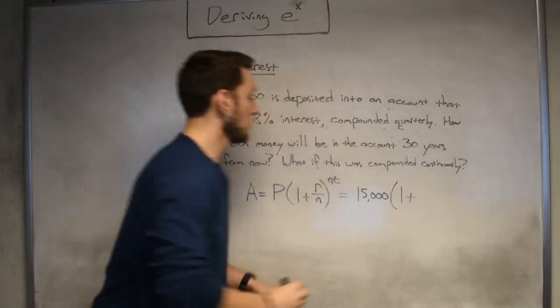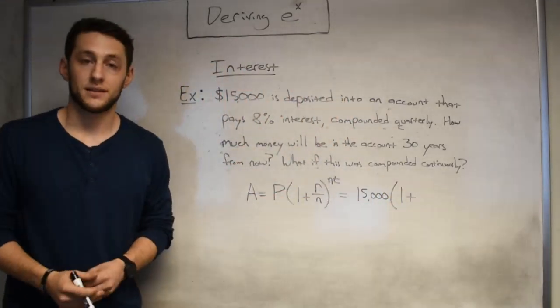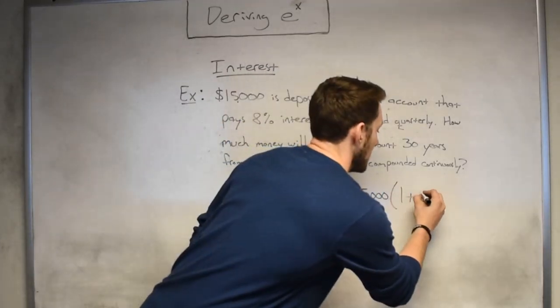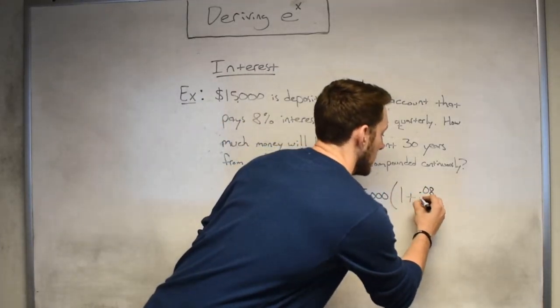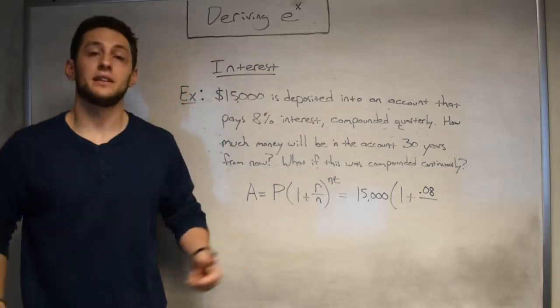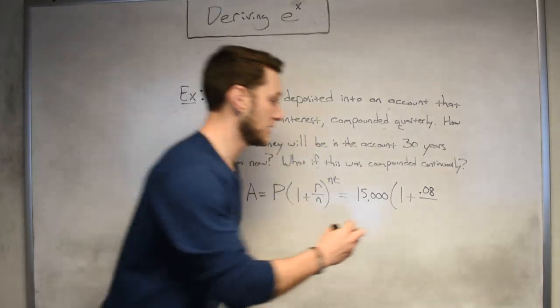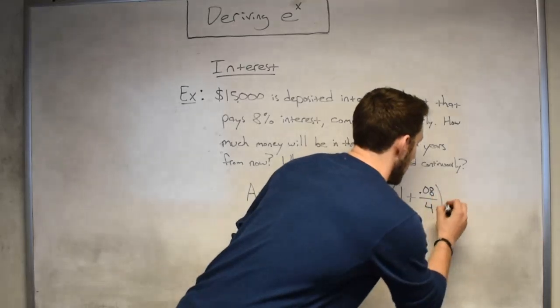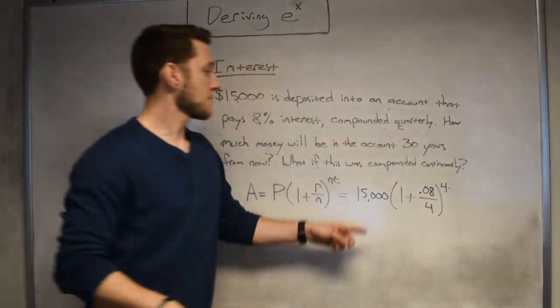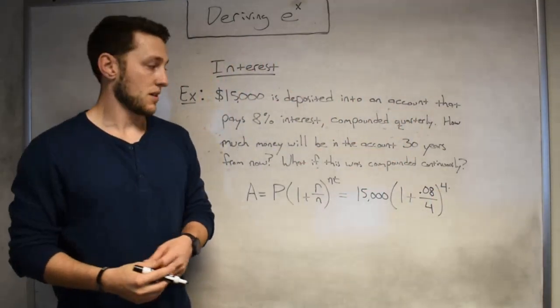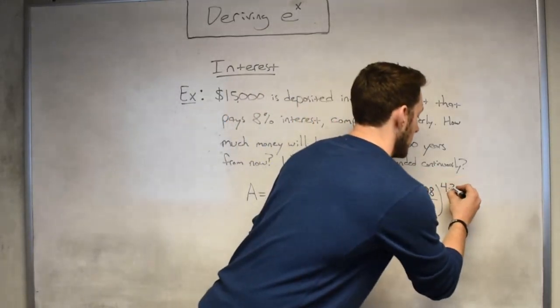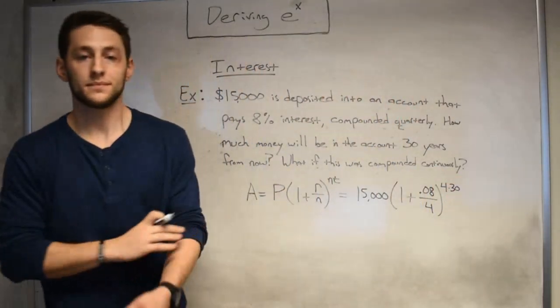Continuing to fill in, we see that our interest rate is 8%, which we write as 0.08. Divide that by the number of times we're compounding per year, 4 since we're compounding quarterly. And then last but not least, we're doing it for 30 years. So our power is 4 times 30, or 120.